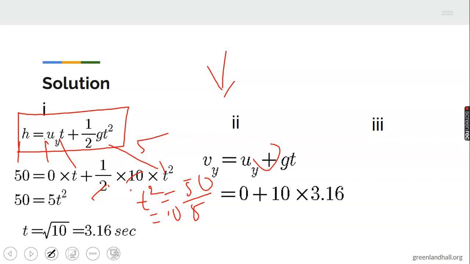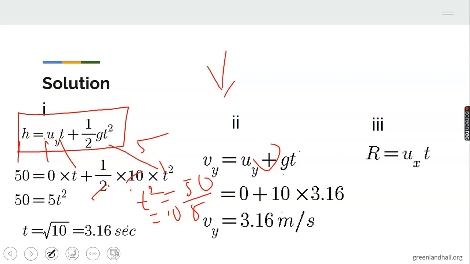Now, U equals 0, like I said before. What's our G? 10. Our time is what? 3.16. Now, when you multiply, our vertical component of velocity is equal to 31.6 meters per second.